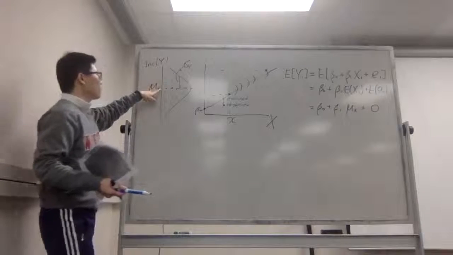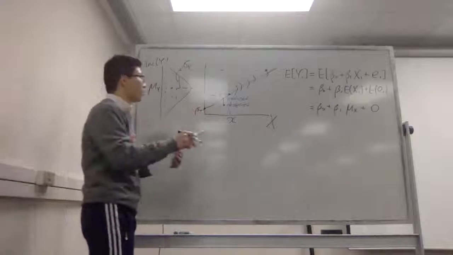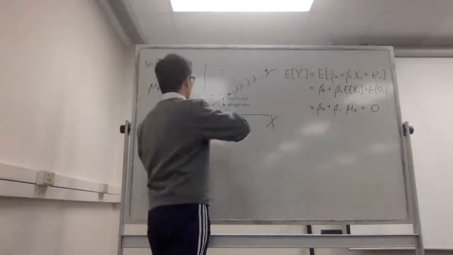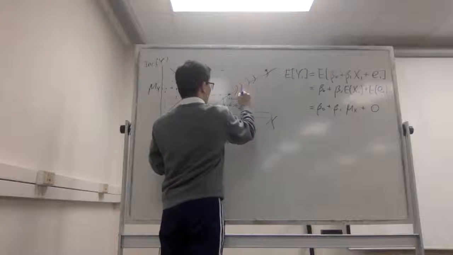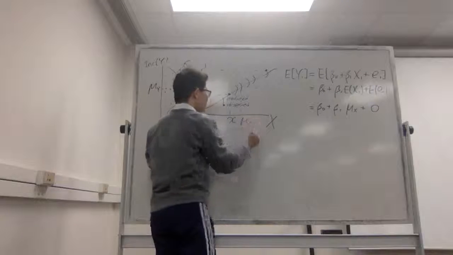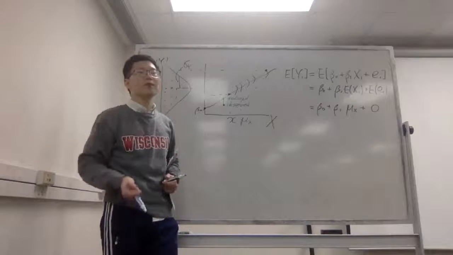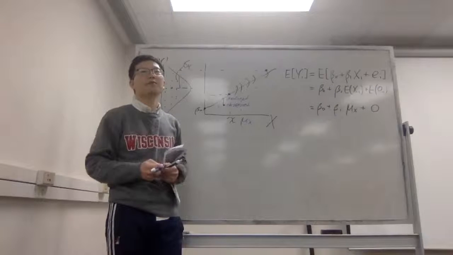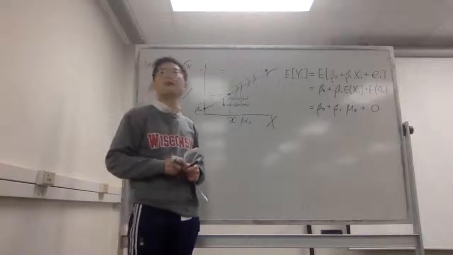So the expected value of y here is actually the predicted value of y when x is mu x, or the average of the x variable. Does that make sense?